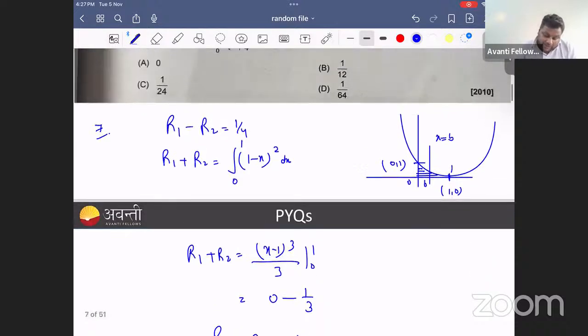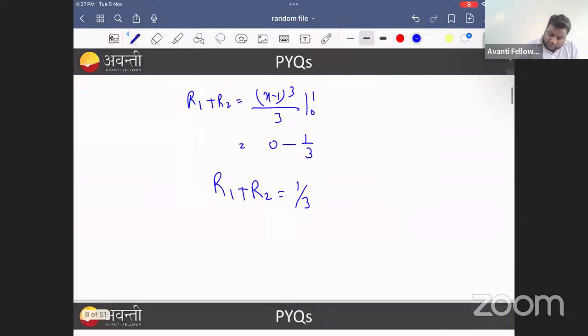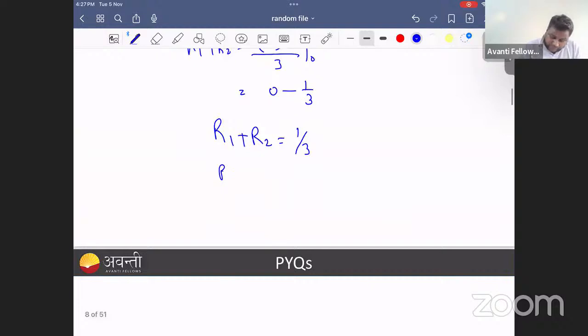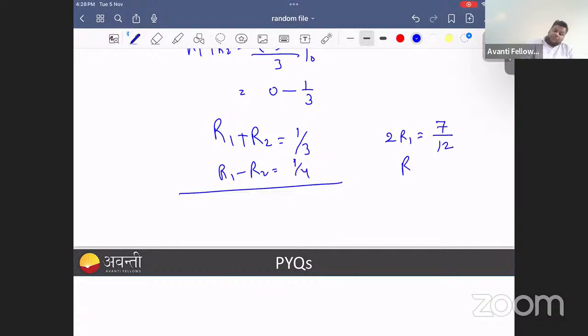And R1 minus R2 is given to me as 1 by 4. Add both of them, then twice of R1 is 1 by 3 plus 1 by 4, that is 7 by 12. So R1 is 7 upon 24. Correct?